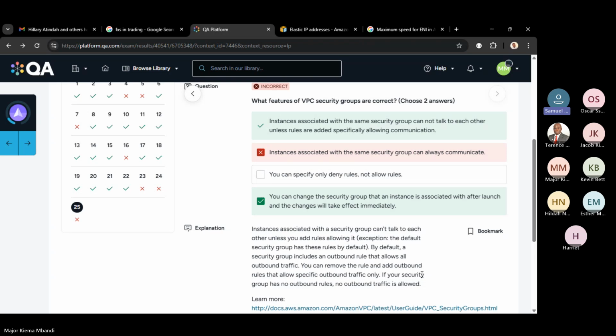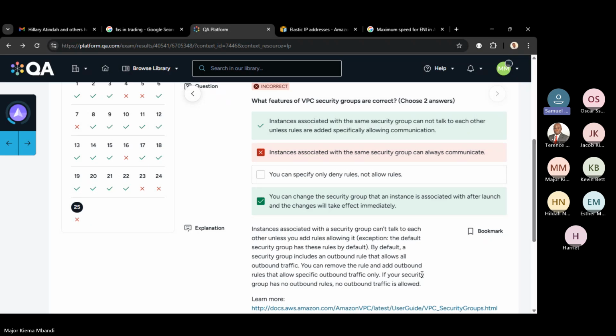And D says you can change the security group that an instance is associated with after launching, and the changes will take effect immediately. The explanation: instances associated with a security group can't talk to each other unless you add rules allowing it. Exception, the default security group has these rules by default.